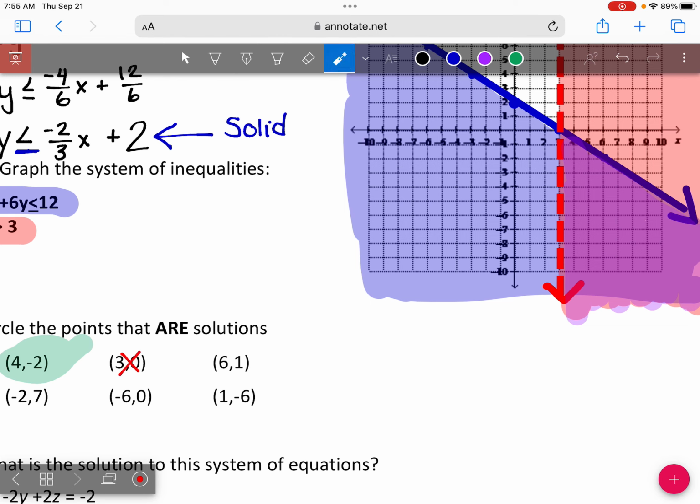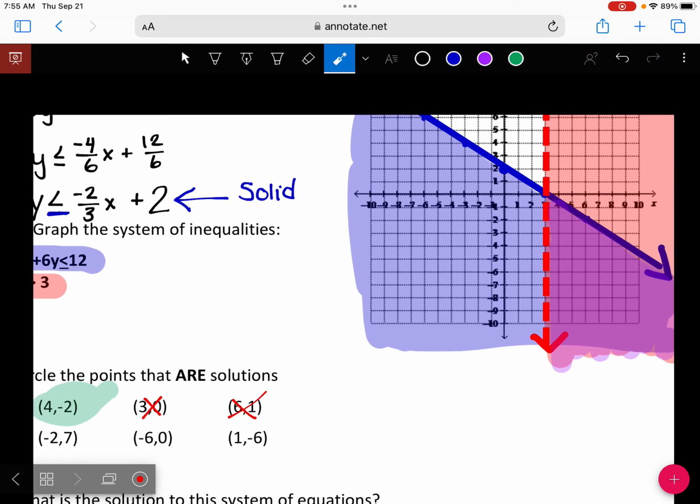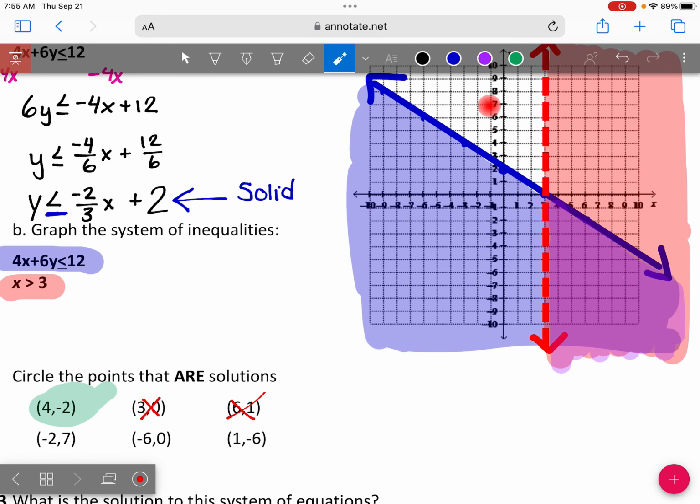How about 6, 1? No. How about -2, 7? No. It's way up here. It's not anybody's solution. It's in the white space. What about -6, 0? There we go. -6, 0. That one.